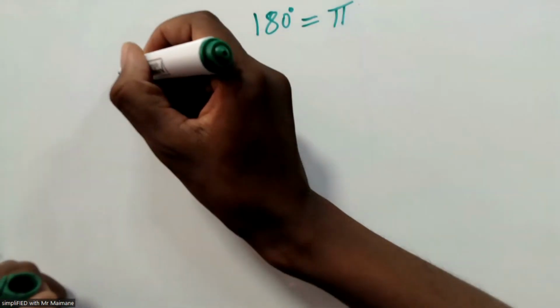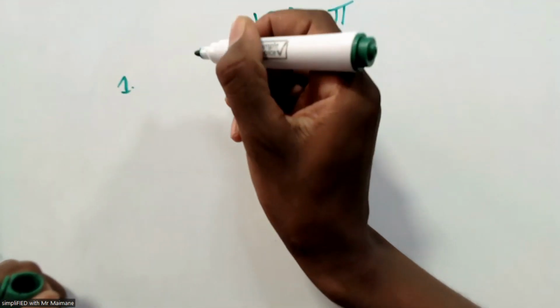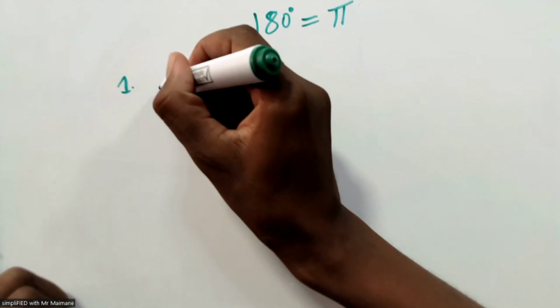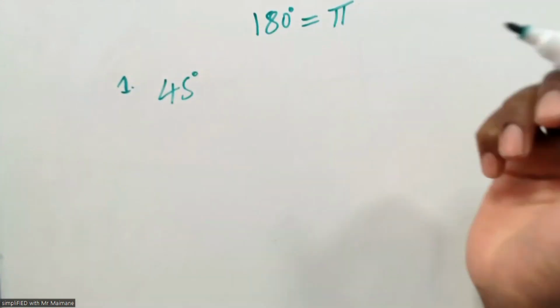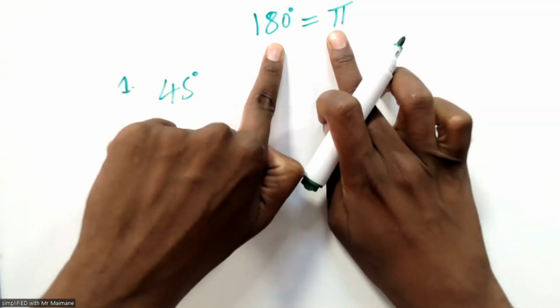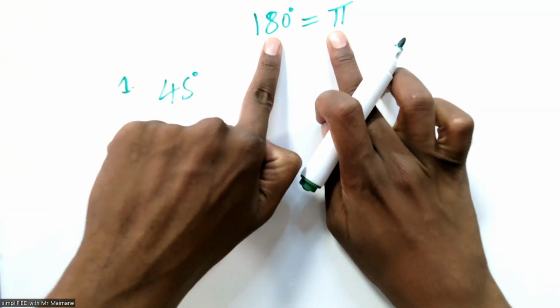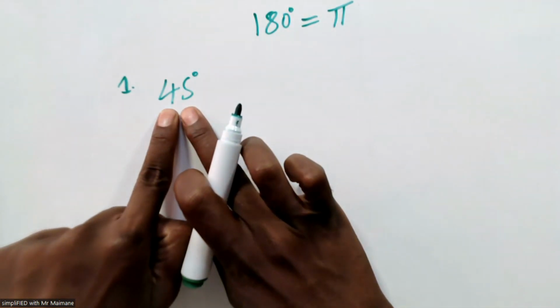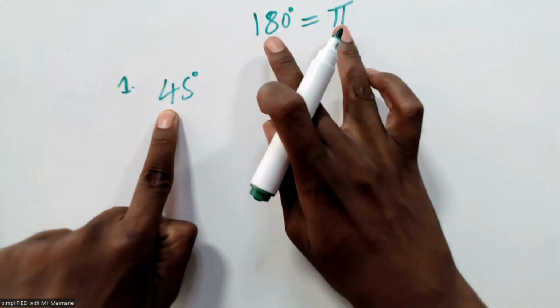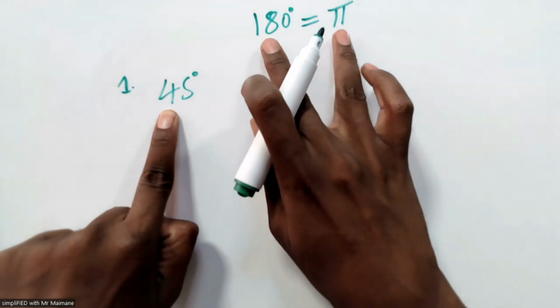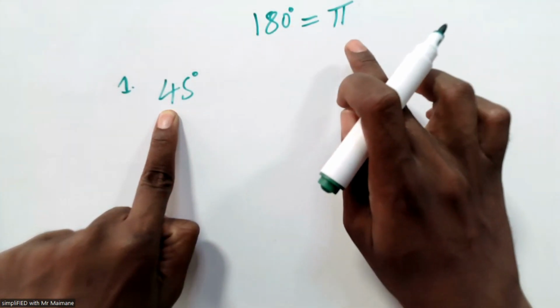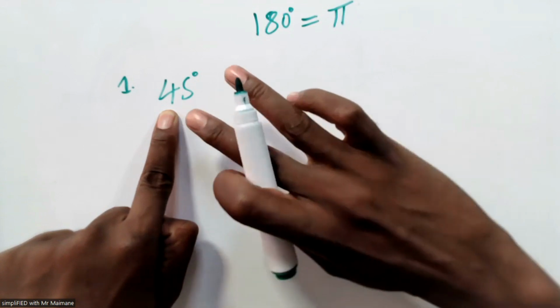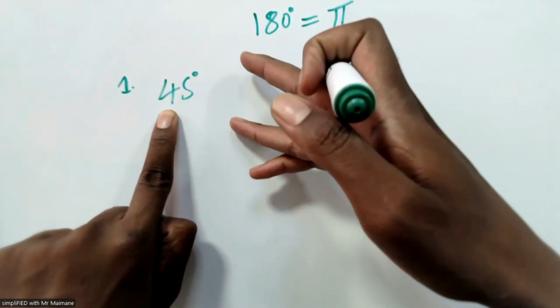And now we are asked, number 1, to convert 45 degrees to radians. The way the conversion factor works, 180 degrees is equal to pi. If you want to convert to radians, you make sure that the part you want to convert to is on the top side.